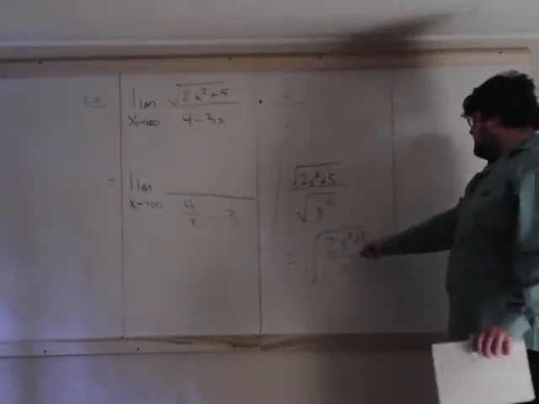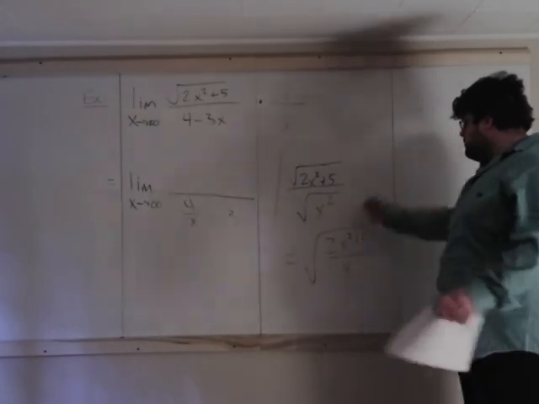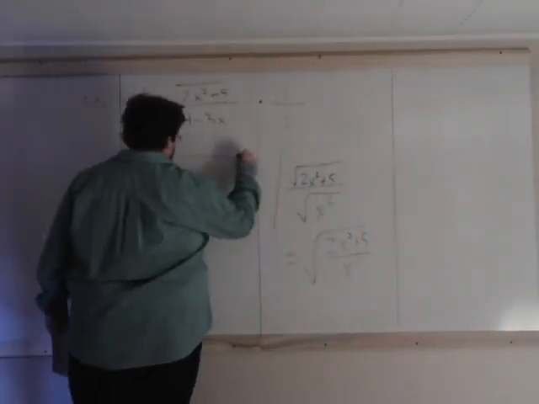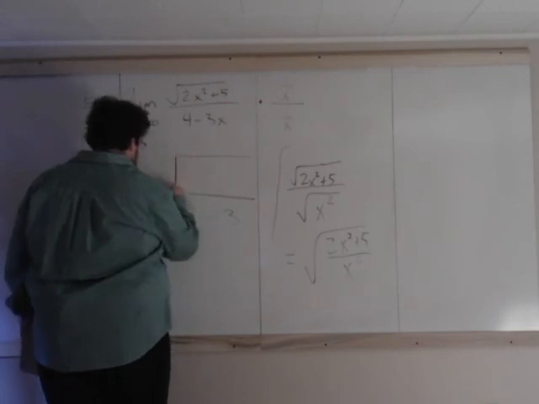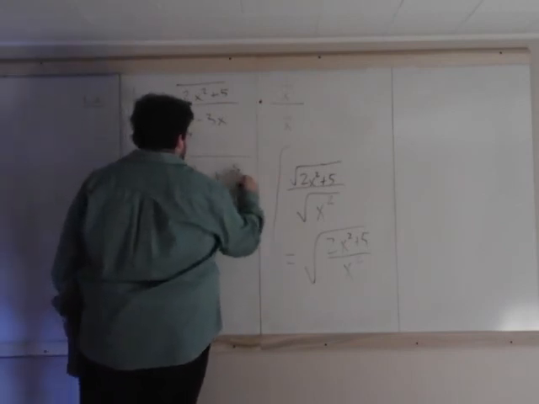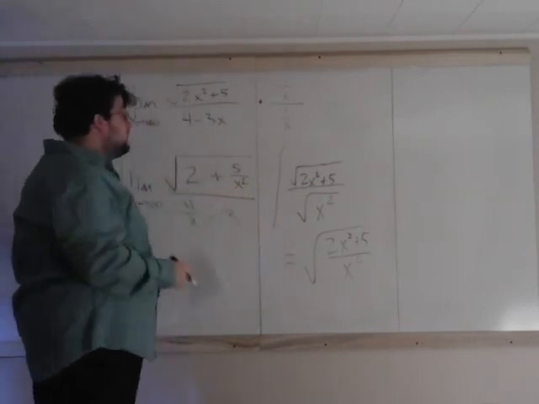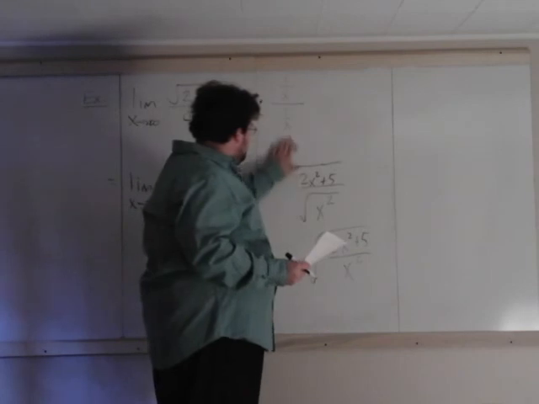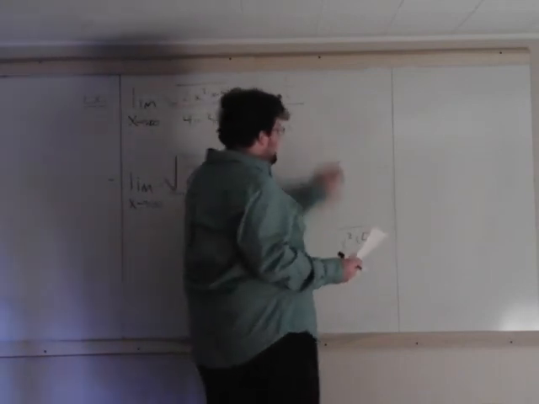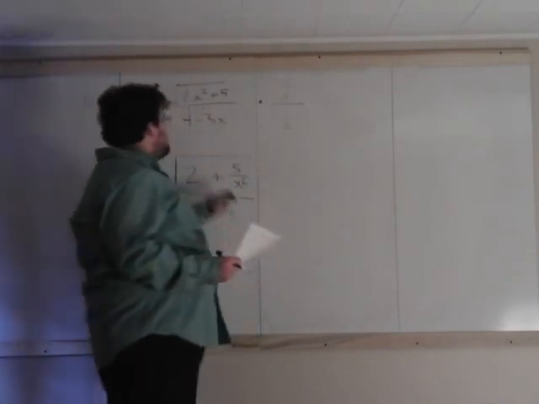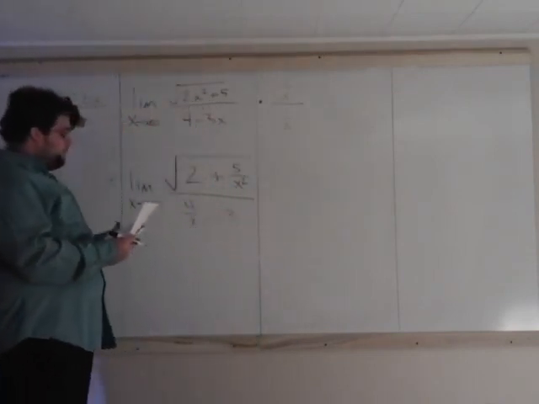And then this simplifies to root 2 plus 5 over x squared. So we multiply by 1 over x, and we rewrite that x as square root of x squared, so that we can simplify the numerator.